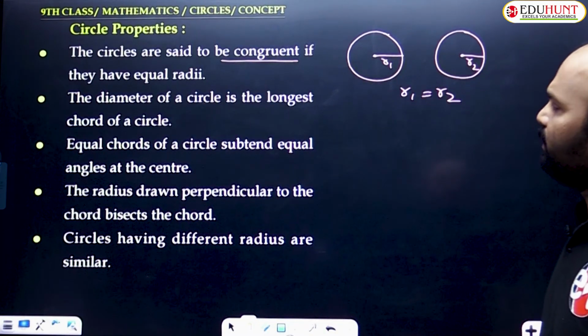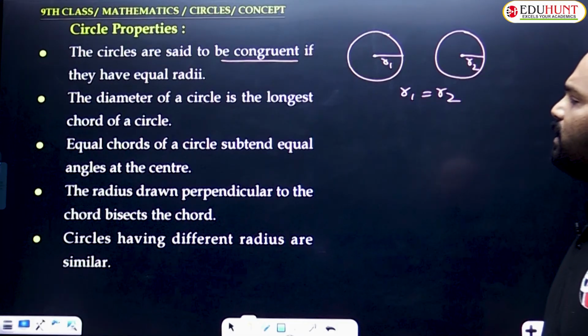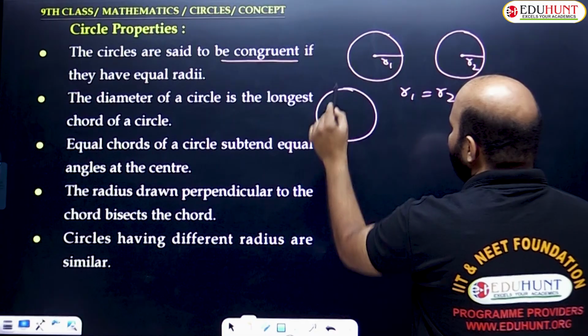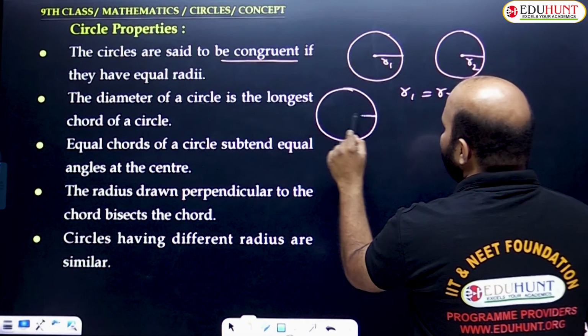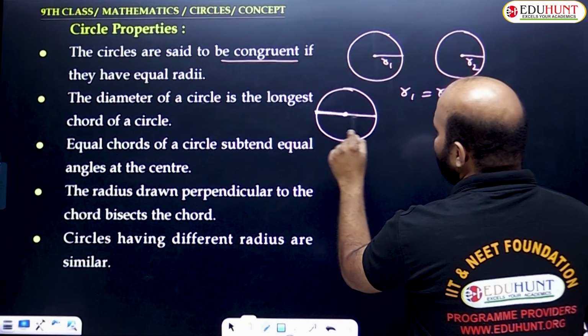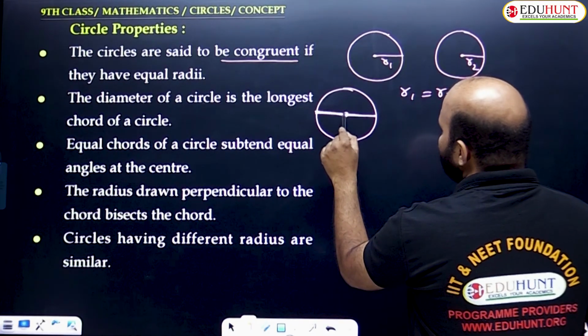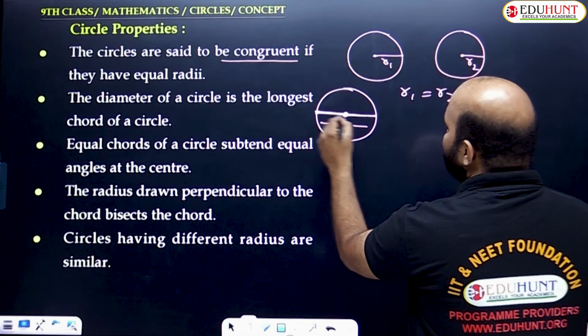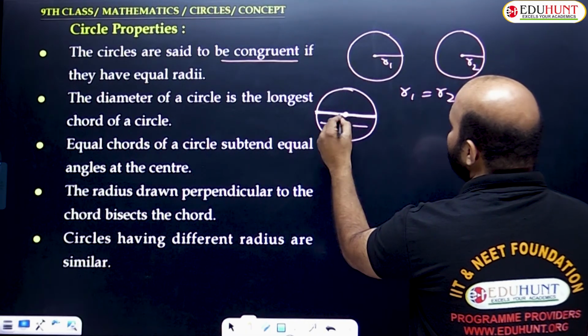Next, second point: the diameter of a circle is the largest chord of the circle. This is also very important. So what is the diameter? It is a chord passing through the center. It is called the diameter, and it is the largest chord.